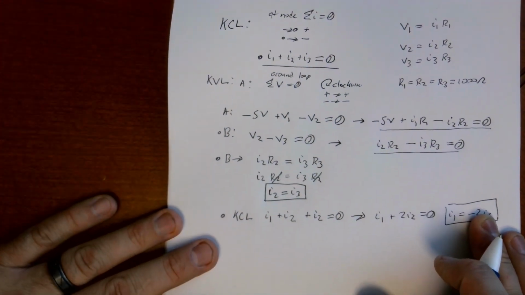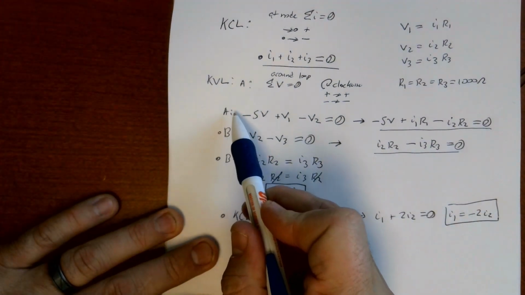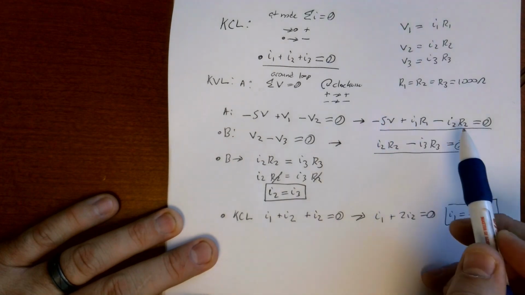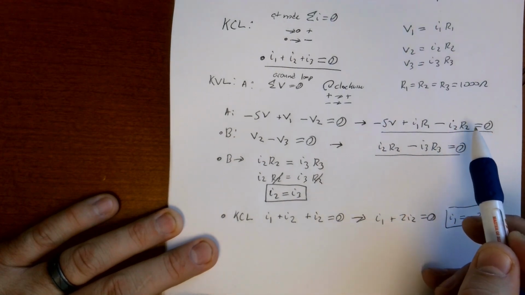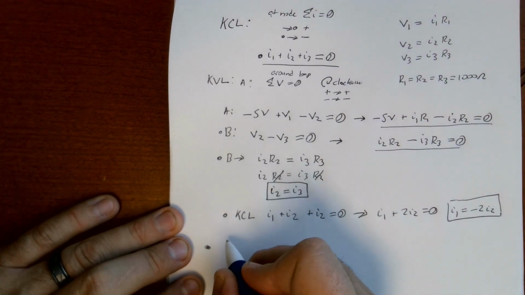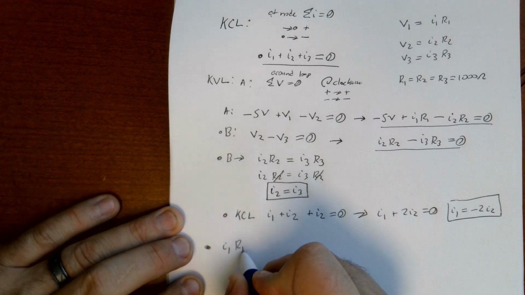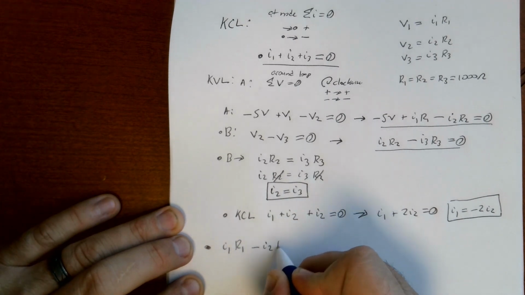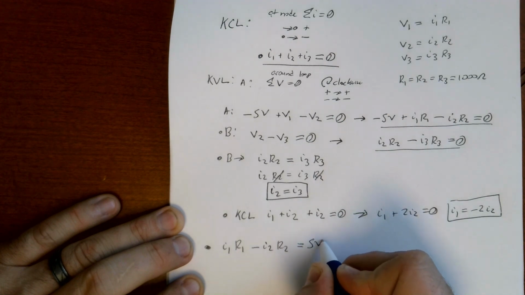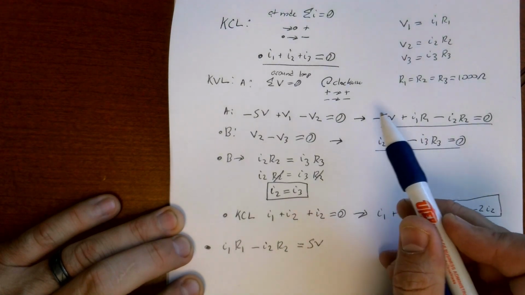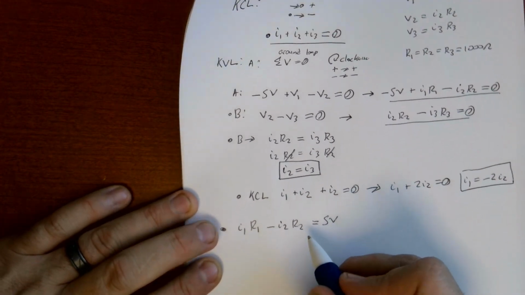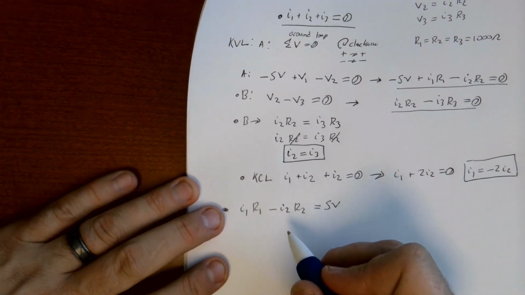The only one we haven't touched is equation A, where we have this 5 here, so we can move the 5 over. So if I rewrite it, I1R1 minus I2R2 is equal to 5 volts, because I move the negative 5, so plus 5. There are still 2 variables.